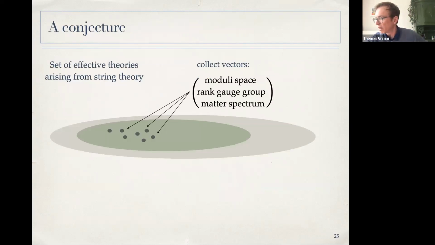So then to close my talk, let me end with a conjecture. Given the success of understanding that the complex structure moduli space, the flux vacua, live in such a structure, in this abstract but restricted framework, it seems very natural to conjecture, as we do in the swampland sometimes, that maybe the landscape in general is of this type. So I combine the effective theories by recording their moduli space, rank of gauge group, matter spectrum, and so on.